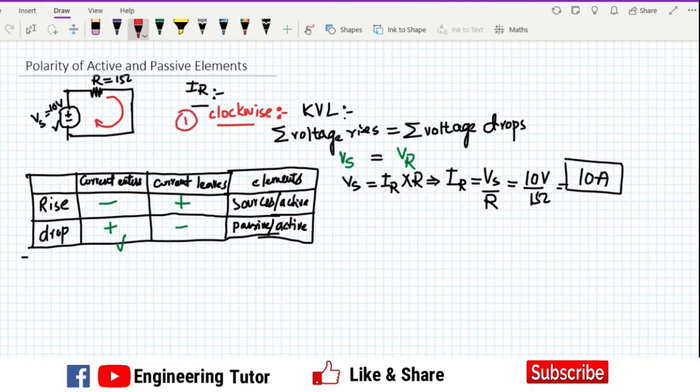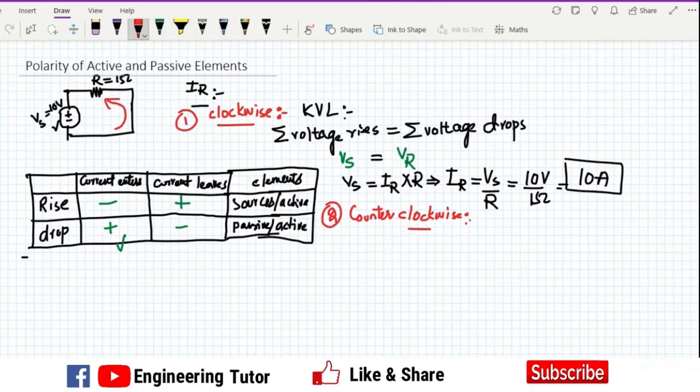This is scenario number 1. Scenario number 2, the value is counterclockwise direction. Okay, wrong direction. This is the counterclockwise direction.